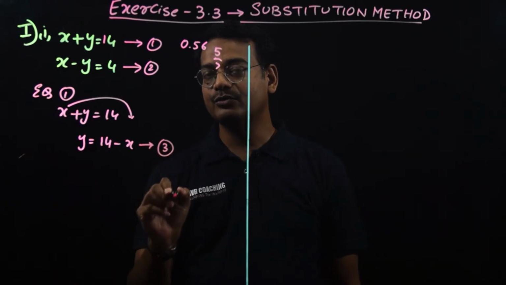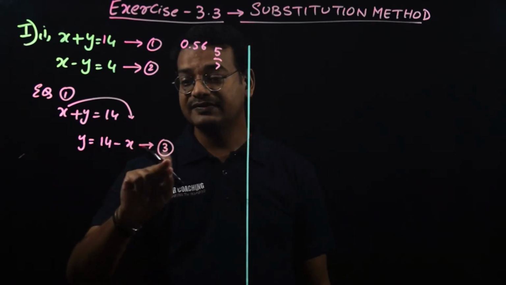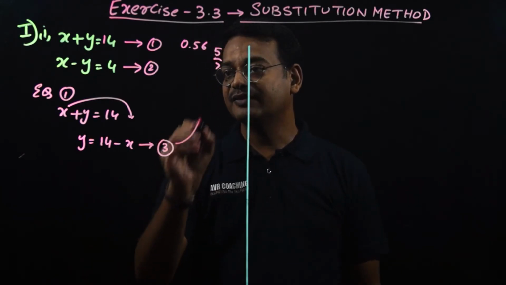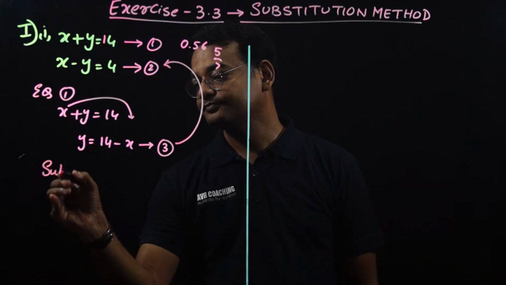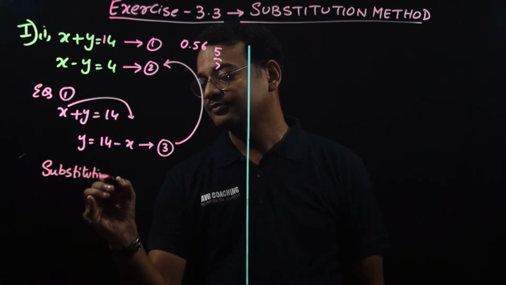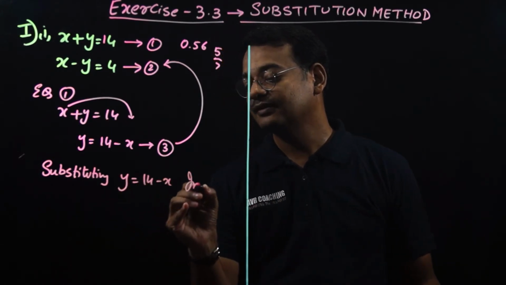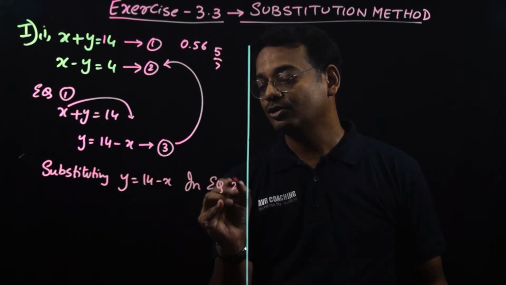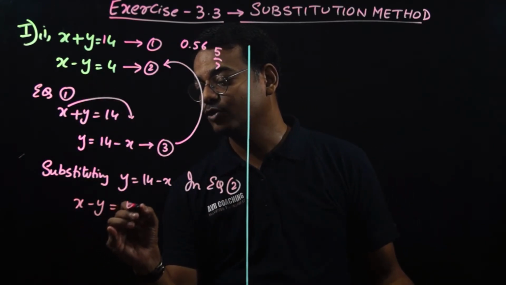Why is this method called the substitution method? We are going to take this equation 3 and substitute it in equation 2, substituting y equal to 14 minus x in equation 2. Equation 2 is x minus y is equal to 4.